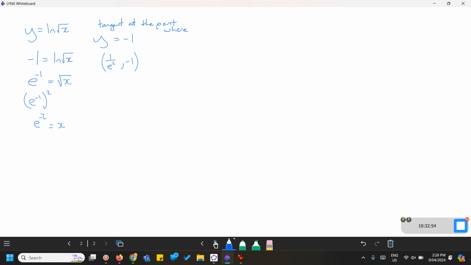If y equals ln root x, that's the same, using indice notation, as ln x to the 1/2. To find the derivative, we could of course use the f dash of x over f of x formula. We could go 1/2 x to the -1/2 all over x to the 1/2, and then simplify that.